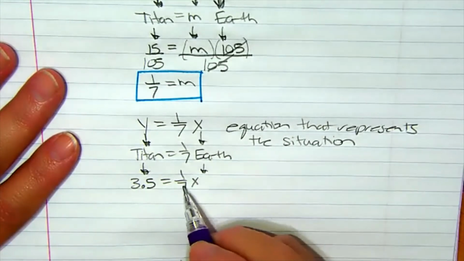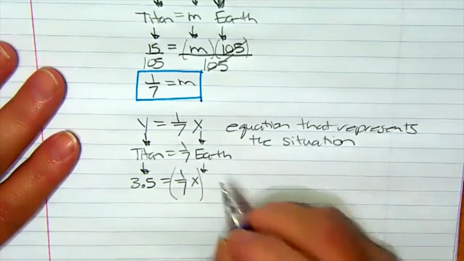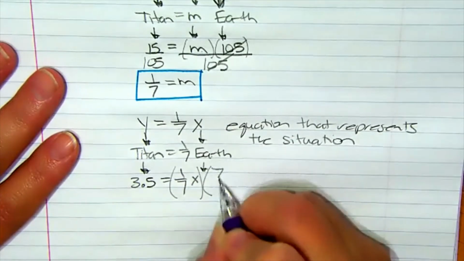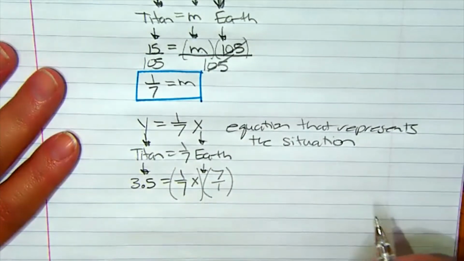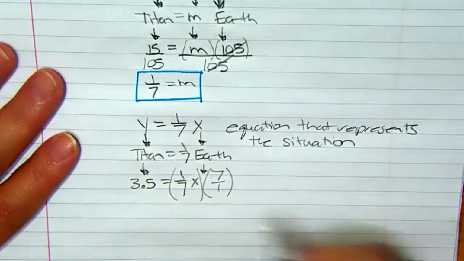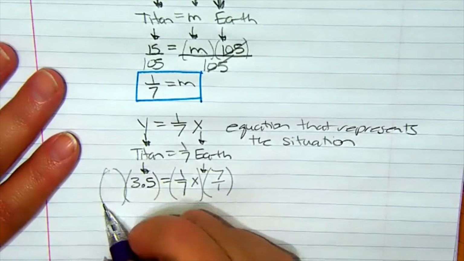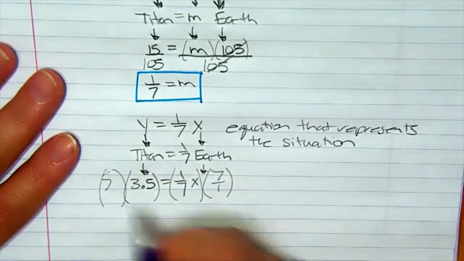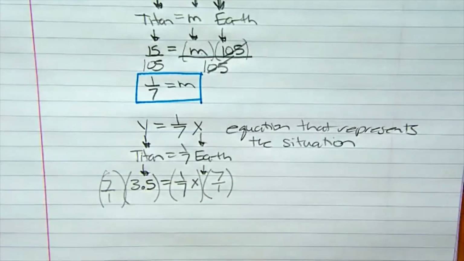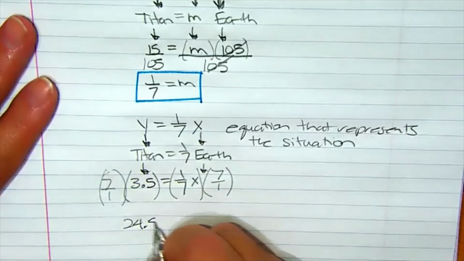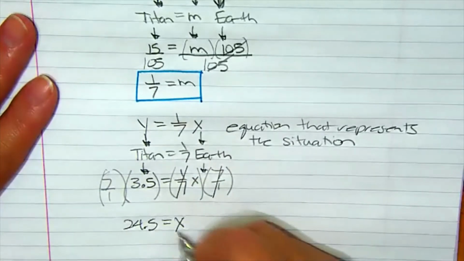So we need to know how much it would weigh on Earth. I need to get rid of this times 1/7. So I'm going to multiply by the inverse operation, by the reciprocal, 7/1. What I do to one side, I must do to the other. So 7 times 3.5 is 24.5 equals, these guys cancel, x.